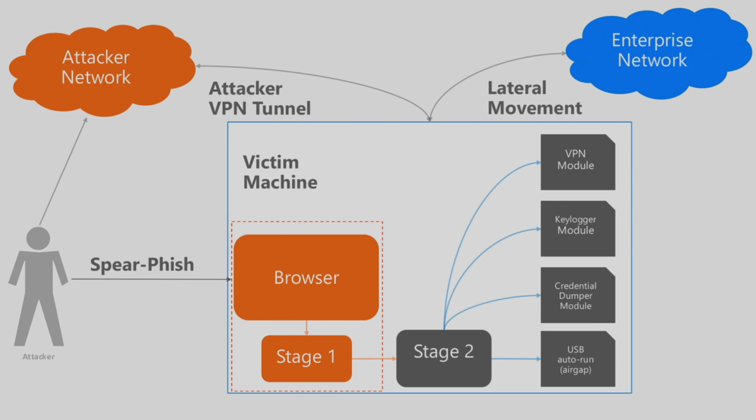Once they've elevated up to that medium level, then depending on the characteristics of the network, what their recon and intelligence tells them, maybe they install a VPN module, keyloggers, credential dumpers, or USB autorun if there's an air-gapped network. And they'll then join back the attacker's network.